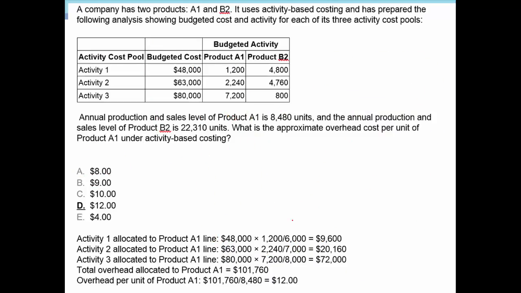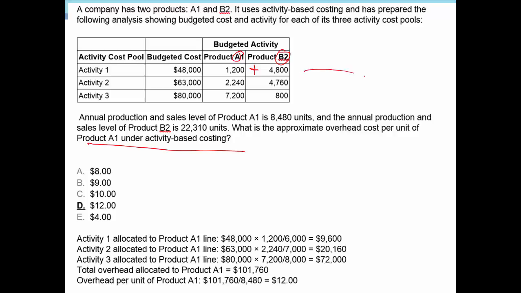Okay, so anyway, let's take a look at this one now. Oh, no. What is this? Same question, different one, but you guys practice with this. So let's take a look. We have product A1, product B2. We want to figure out the cost of A1, so we add the two amounts of the activity that each one will use.